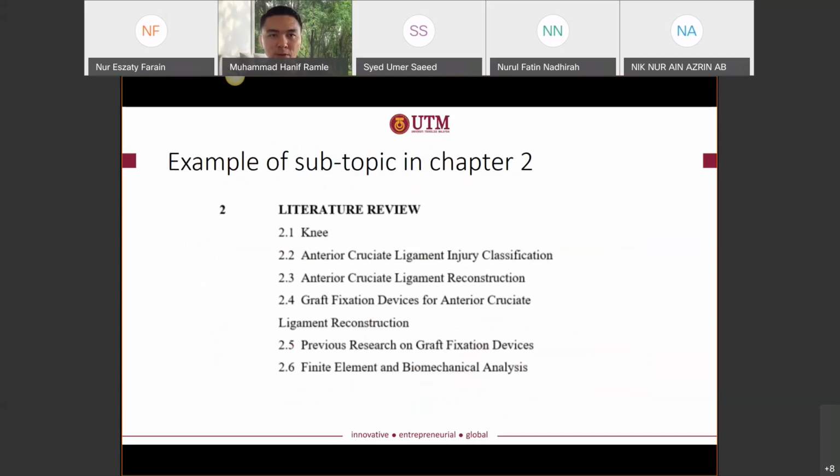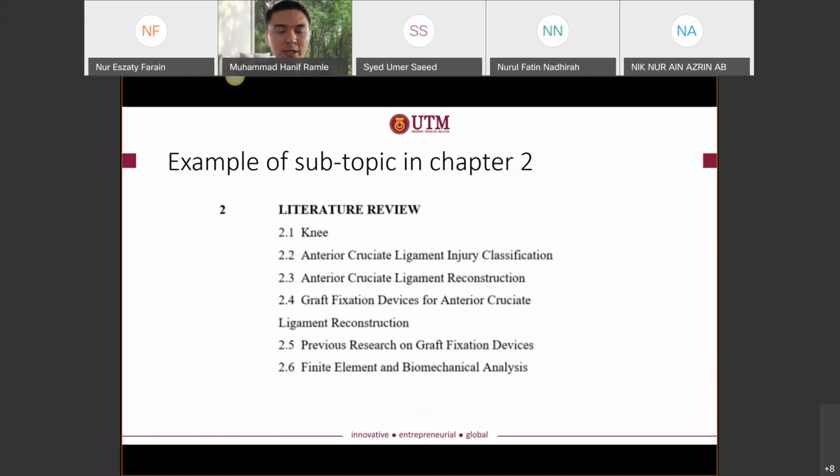I got it from my student. The student is dealing with the knee joint, so the student reports about the knee anatomy first. Maybe the external reviewer, for example from the external panel for the viva, does not really know about the knee joint.